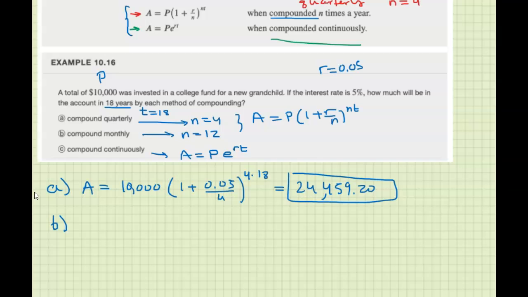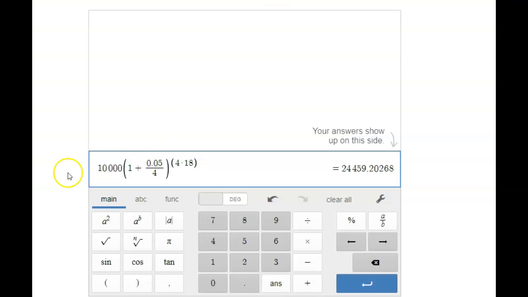Part B, it's the same formula but compounded monthly, so N is going to be 12. So we have again 10,000, 1 plus 0.05, but now divided by 12, and the exponent is going to be 12 times 18. Going back to our calculator, 10,000 times 1 plus 0.05 divided by 12 to the power 12 times 18.